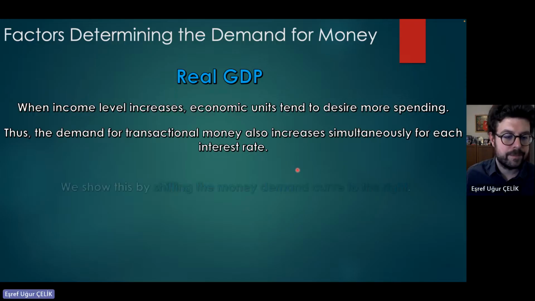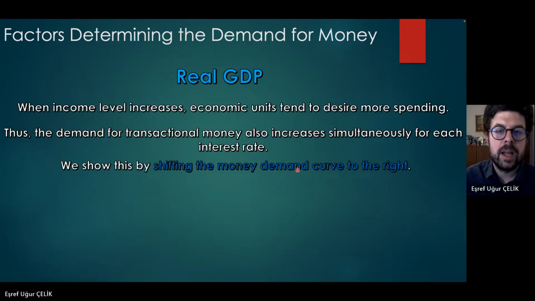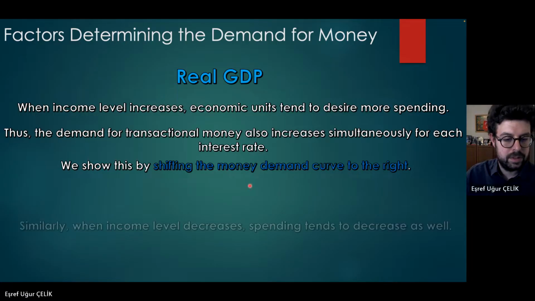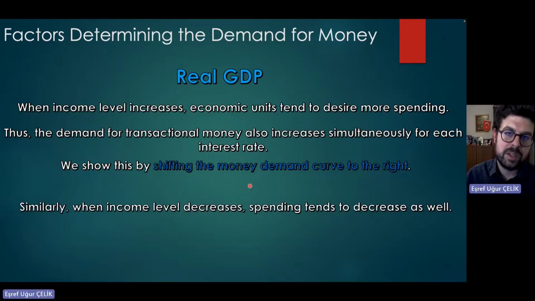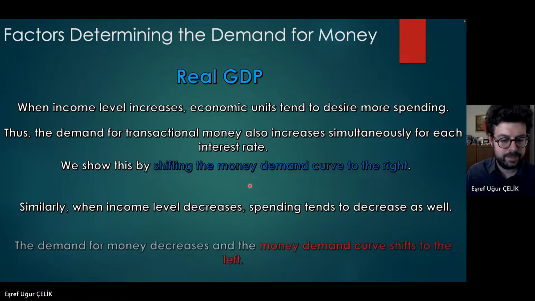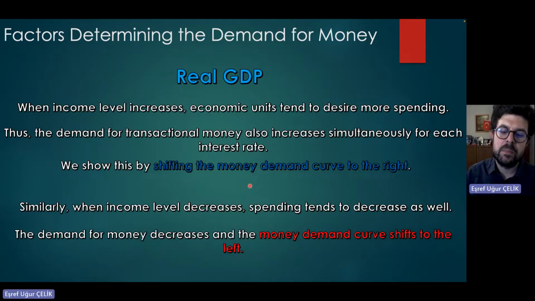That's why when our real GDP increases, our money demand increases. That means our money demand shifts to the right. And vice versa. When our real GDP becomes lower, our money demand becomes lower because our transaction level becomes lower. That means our money demand curve shifts to the left.